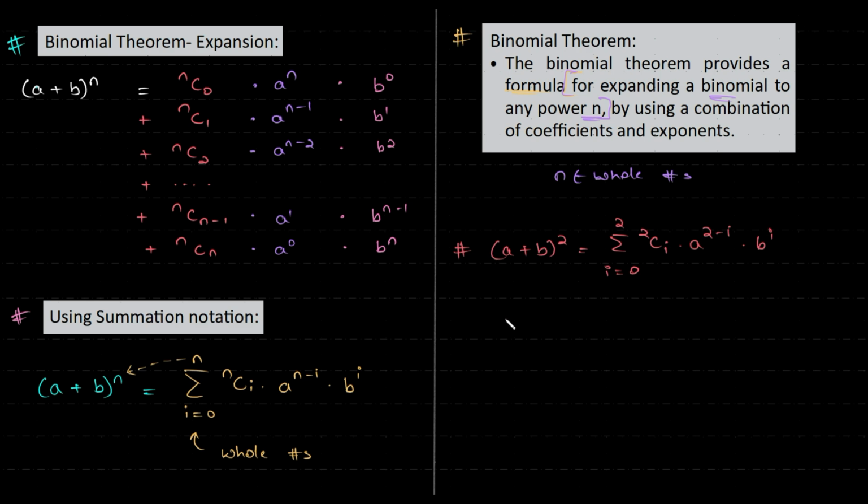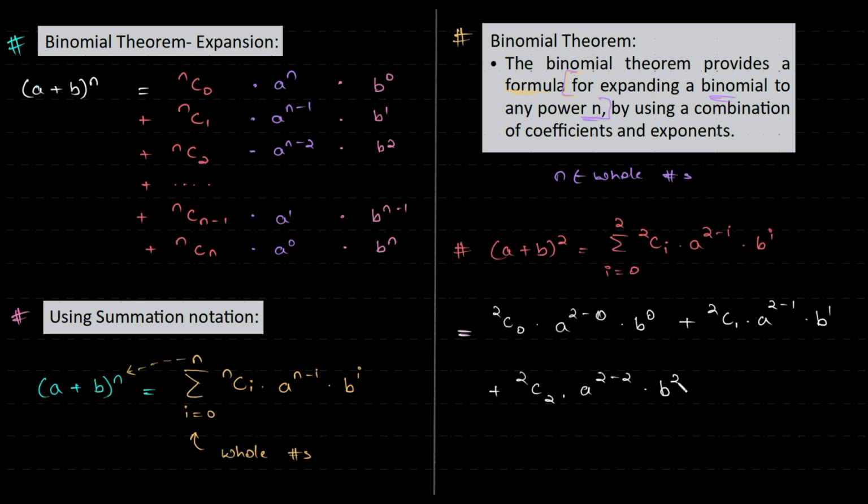So this summation notation tells us to expand in this manner. So we have 2C0. First we make i equal to 0, then make it 1, and then make it 2.